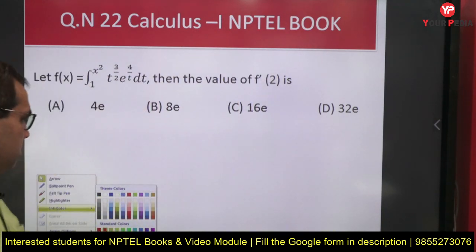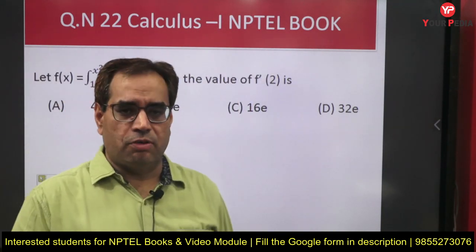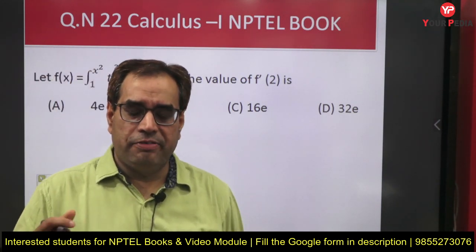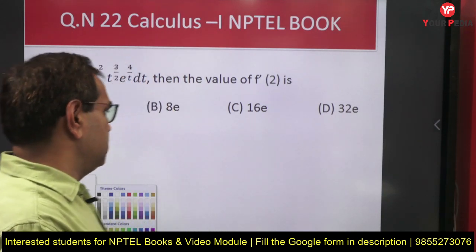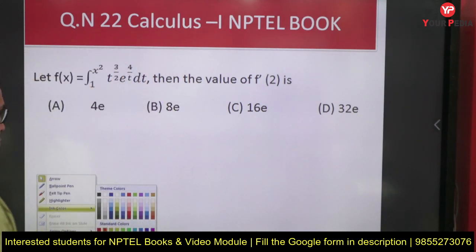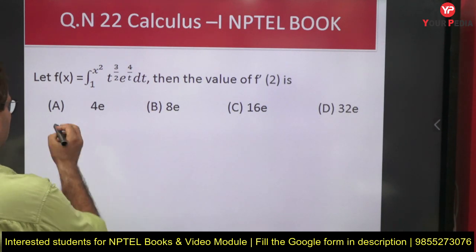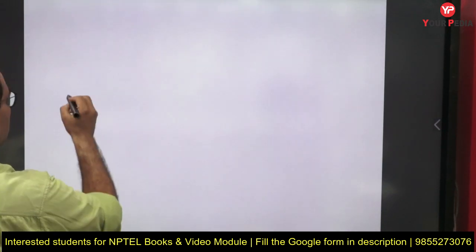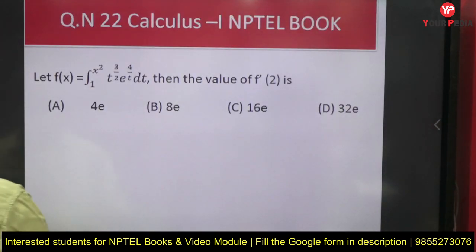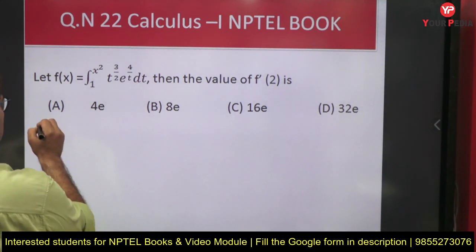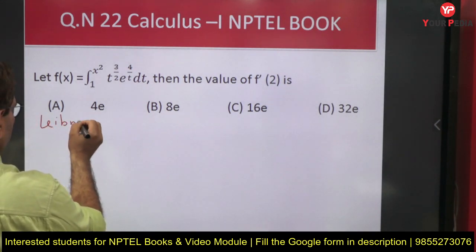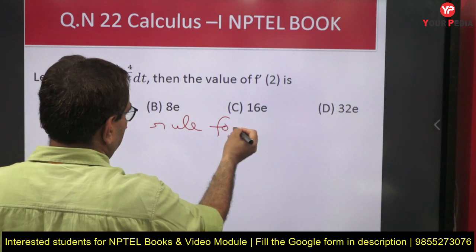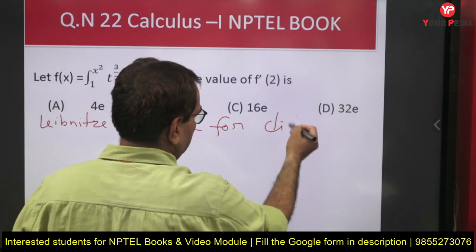So there is one formula called Newton's formula, Leibniz rule actually, Newton-Leibniz rule for differentiation under the integral sign. We generally know this by the name of Leibniz rule. So here you can write down: Leibniz rule for differentiation under integral sign.